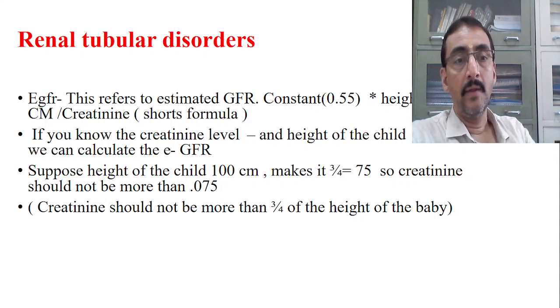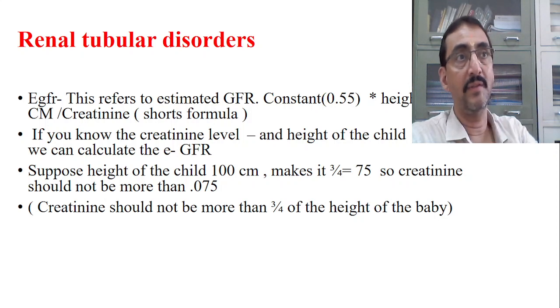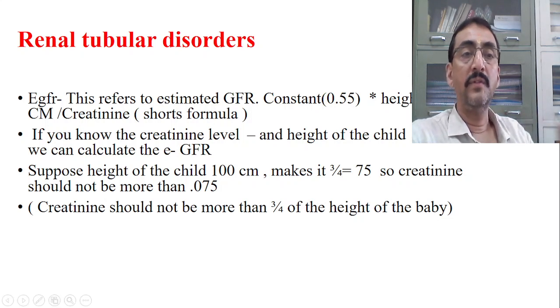In their clinical practice they use these shortcut formulas to identify the safest level of creatinine. Creatinine should not be more than 3 by 4 of the height of the baby. Again, this is not from my side; this is the experience of some great physicians and pediatricians. This is a very superficial formula in clinical practice to look into that. So this is how we can assess.